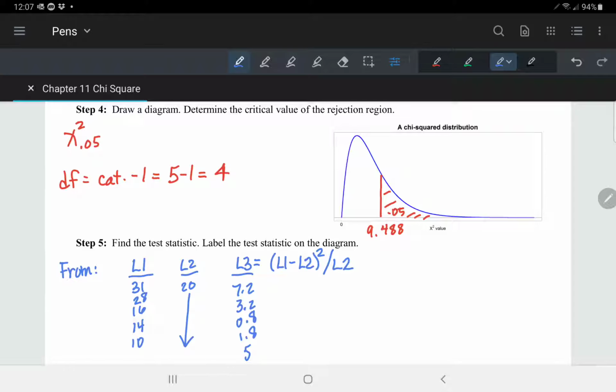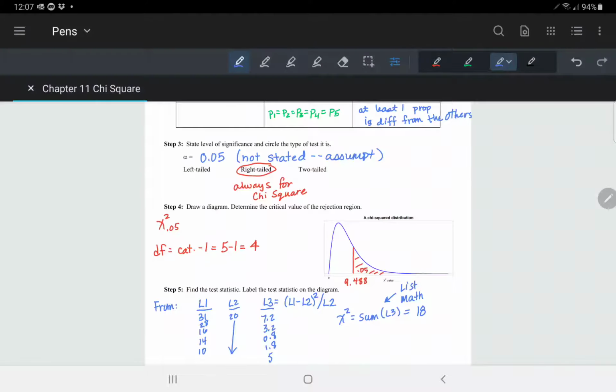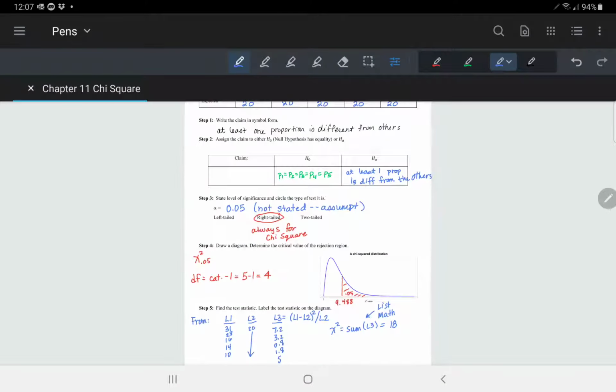Now, to find chi-squared is going to be the sum of what's in L3. So you can access the sum function through the list in the math menu. And when you do that, the sum of L3 is equal to 18. Okay, so that's our chi-squared.